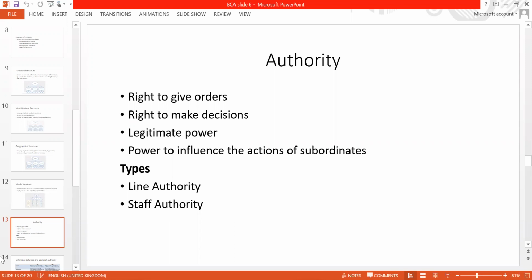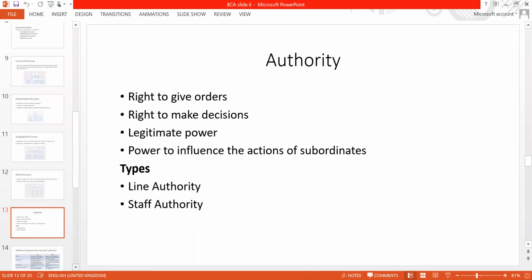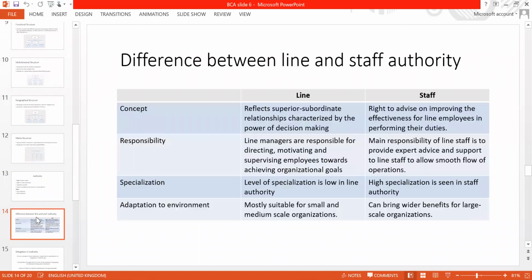Right? Now, what is the difference between line authority and staff authority? Line authority is the relationship that exists between superior and subordinate. You can just look at the vertical chain. When we look at the organization's vertical chain, the superior has the right to order his subordinate.